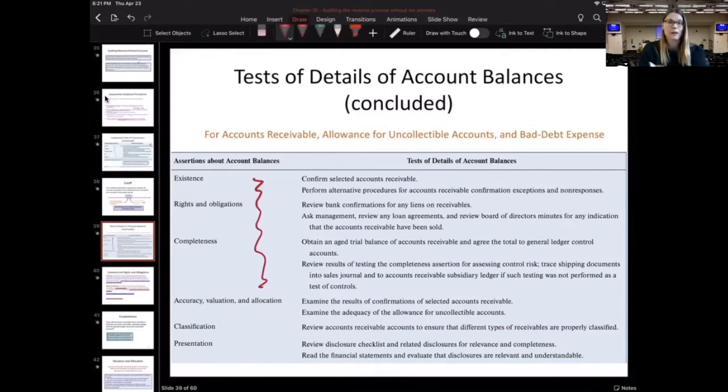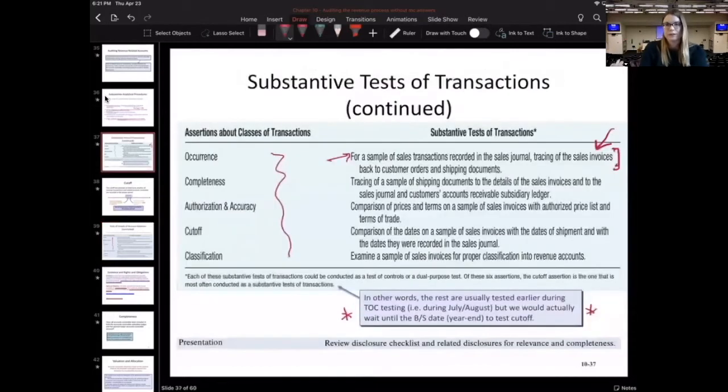So for accounts like AR, we have to go out of our way to make sure we're testing them as of particular balance sheet dates. They can't just be tested at any point in time the way I can these other accounts.